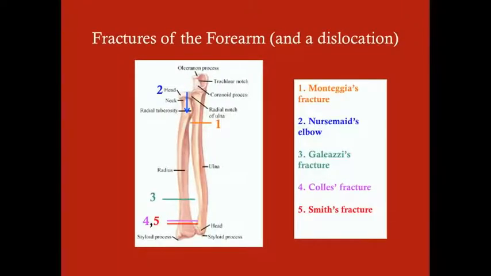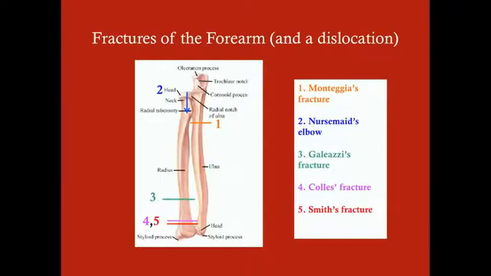Okay, so just looking at this a little bit in greater detail, we're going to talk about 5 different pathologies here. We're going to talk about a Monteggia's fracture, which is a fracture of the ulna, and then focusing on the radius, we'll talk about Nursemaid's elbow, which is a distal subluxation or dislocation of the head of the radius.